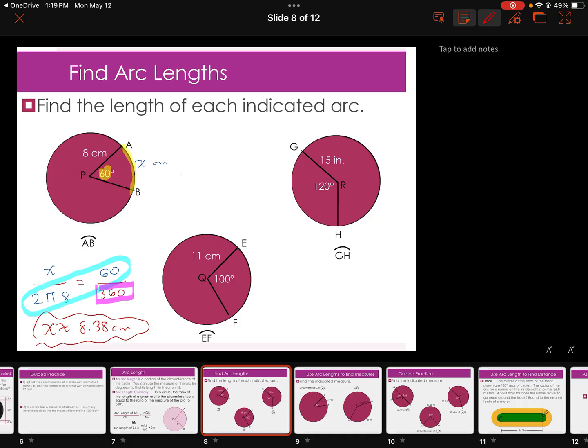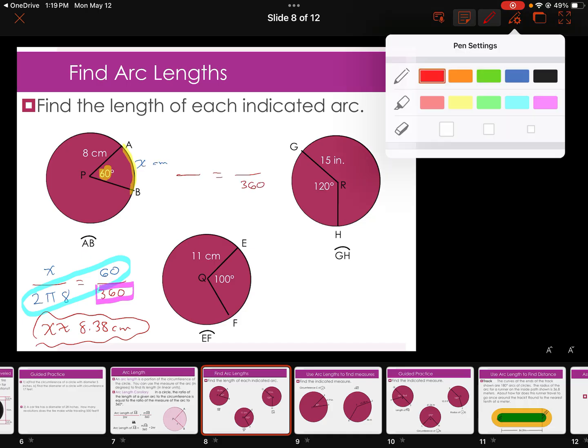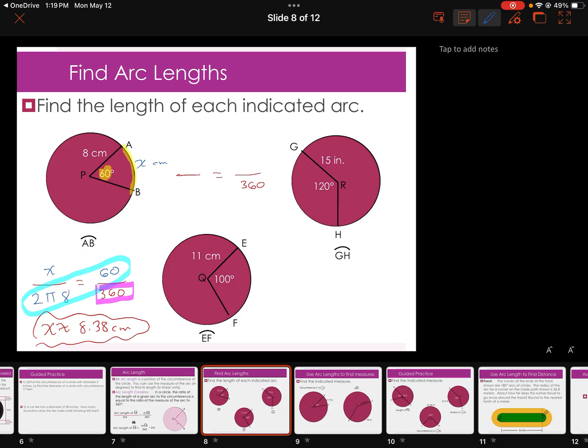Okay, for these next ones, we're just going to fill in the blanks. Put your arc measure over 360. We want the arc length. I'm going to call it x. We're going to divide that by the circumference, 2 pi times 11.